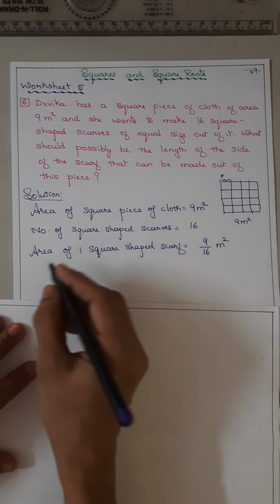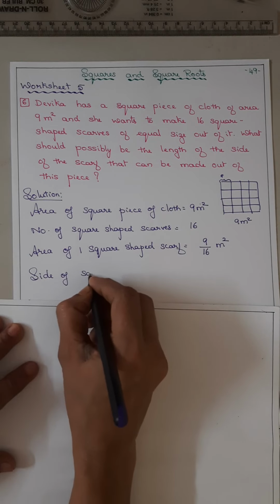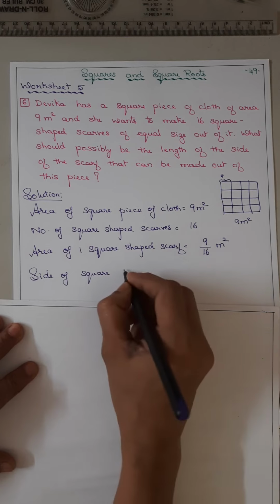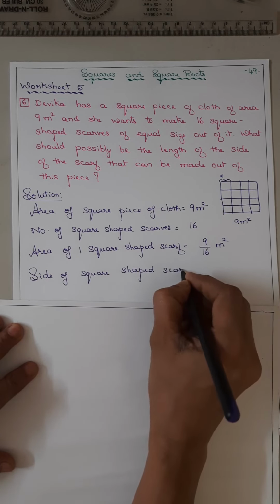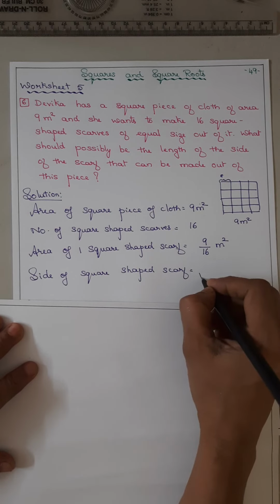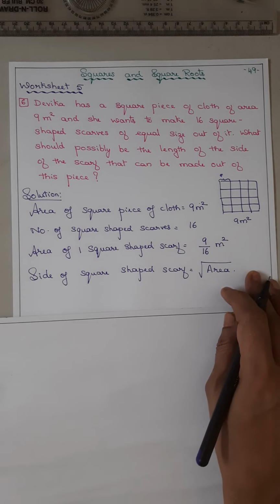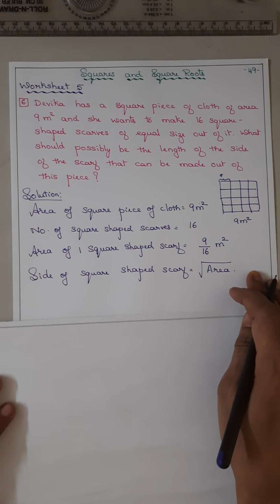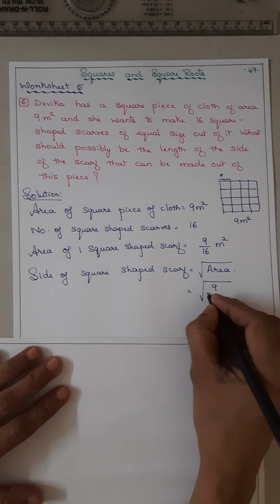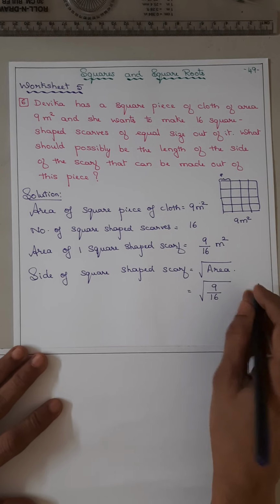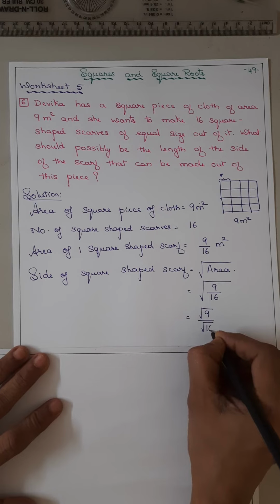Now find out the side of the square shaped scarf. We have the area, so side is equal to square root of area. You know the formula, right? Side of the square is the square root of area. That means square root of 9 by 16. That is the square root of 9 upon the square root of 16.